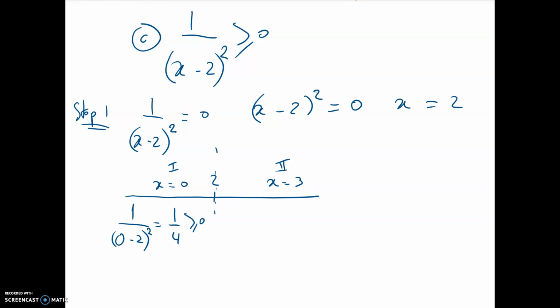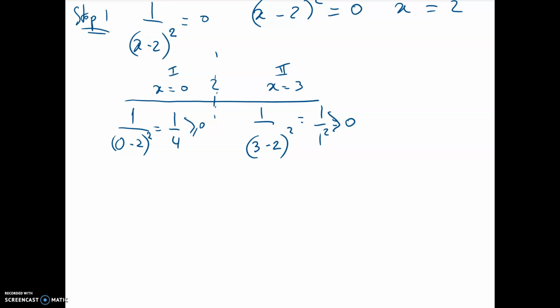And if I use x equals 3, I end up with 1 over (3 minus 2) squared, which is 1 over 1 squared, and that is also okay. So I can clearly say that my interval solution is going to be negative infinity to 2, union 2 to plus infinity, but I must not take 2.